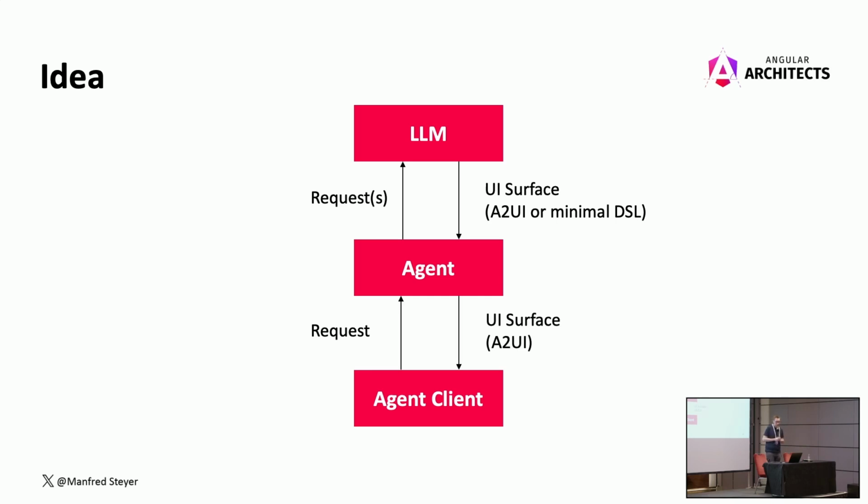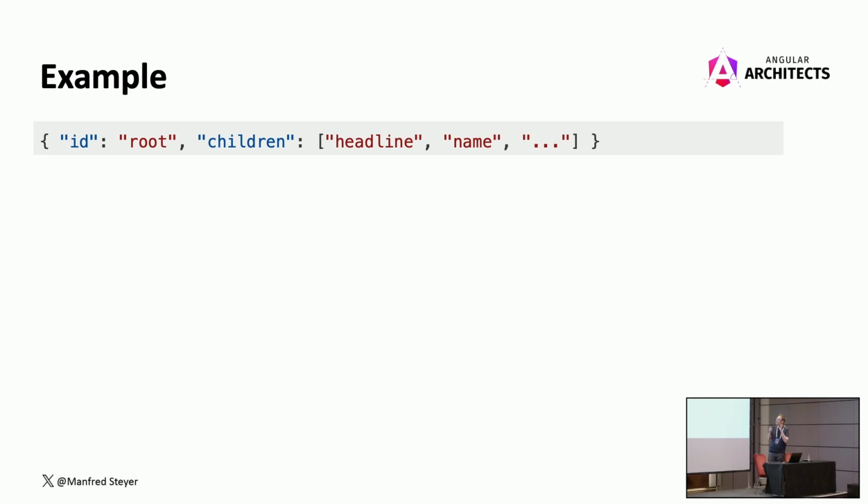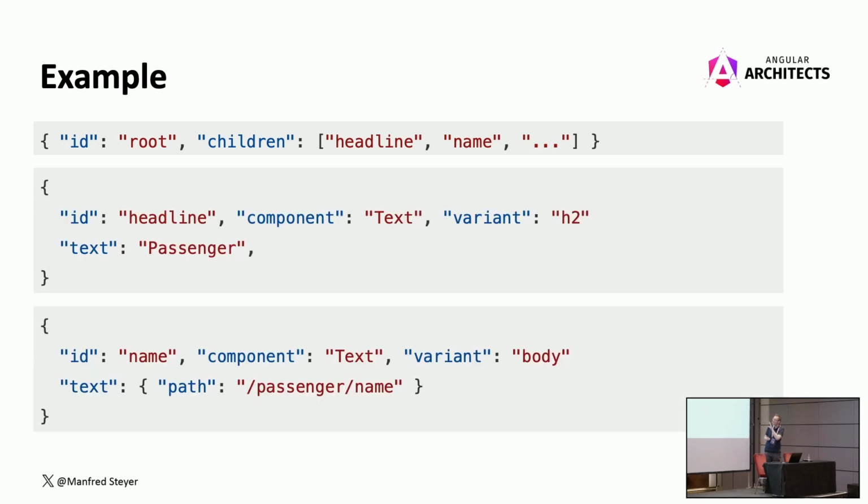But at the end of the day, what we are sending down to the client is really an A2UI surface. Perhaps we got it from the LLM, or perhaps we constructed it from this little tiny DSL. This A2UI payload has nice characteristics. First of all, as you see here, it consists of components. We have discussed this today in the keynote.